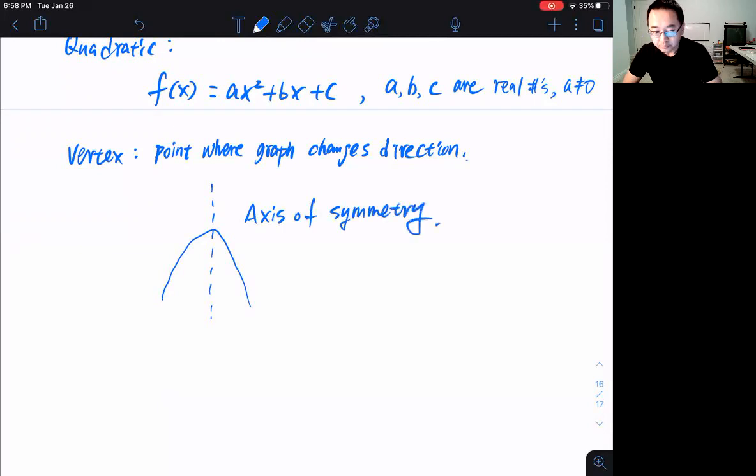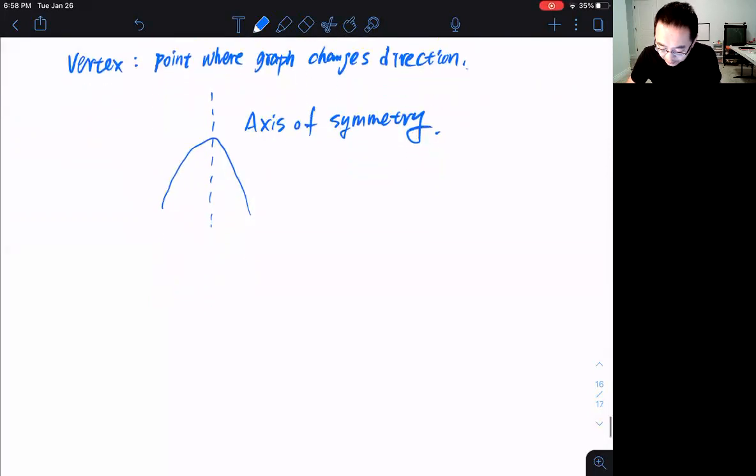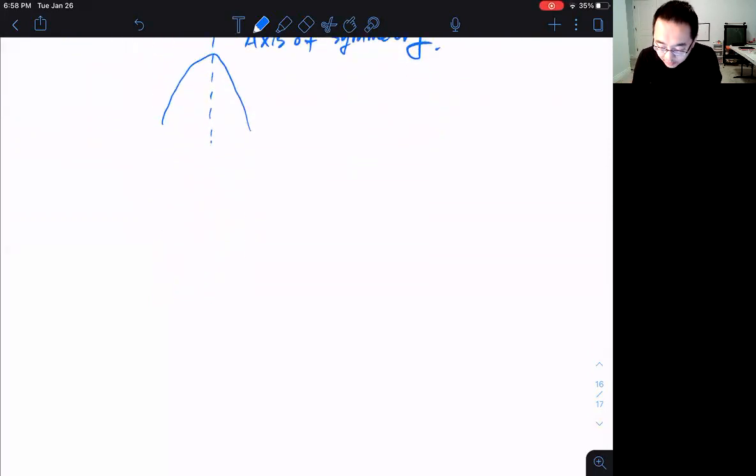Okay, and so when it comes to a quadratic form, the graph of something, let's say you have a function, let's call it g of x equals a times (x minus h) squared plus k.